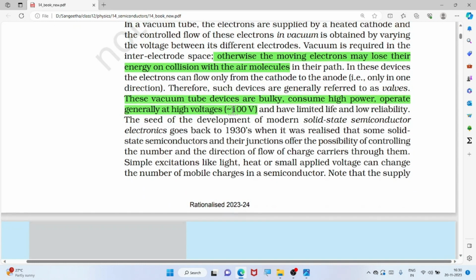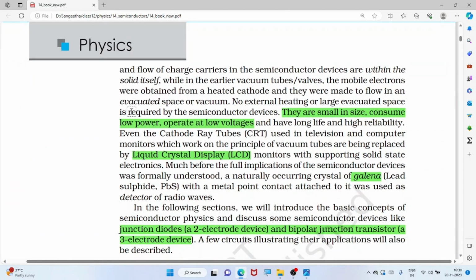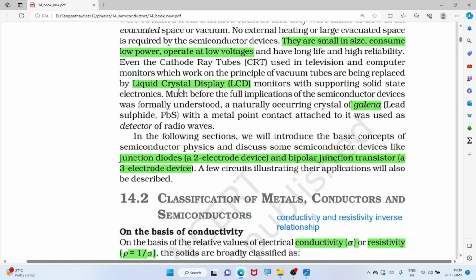The vacuum tubes consume high power and operate at high voltages. So now the electronic systems are made up of liquid crystal displays, which consume less power.